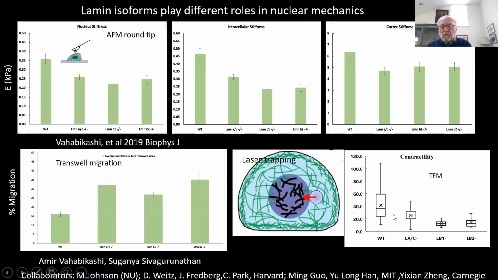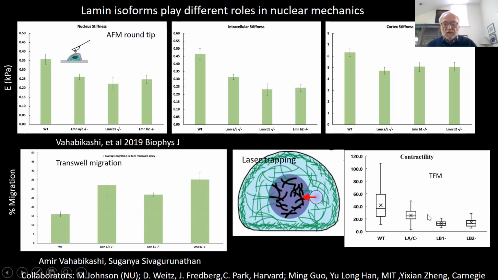And finally, we've been looking at traction force microscopy in collaboration with Chan Park and Jeff Fredberg, who are at Harvard, and also Dave Weitz. And we can show that the contractility of cells is also somewhat lamin dependent.